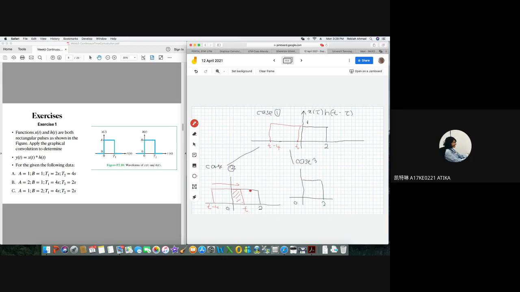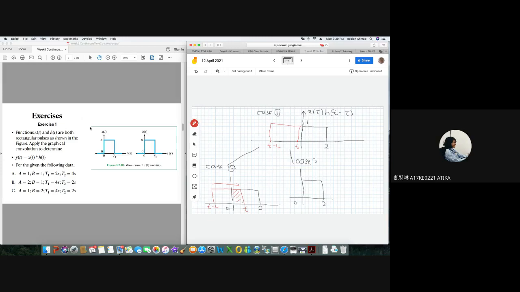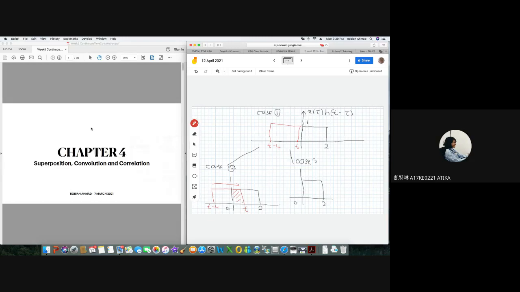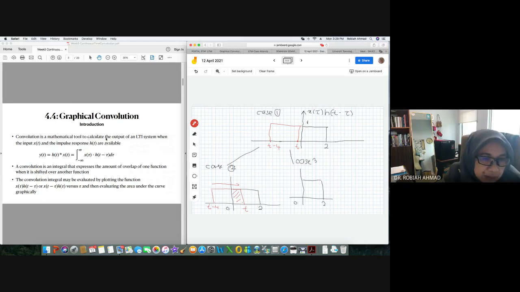Doktor, why it needs to be shifted? Convolution. Itu yang awal tadi. Sebab kita buat convolution. Graphical convolution is a mathematical tool to calculate the output of an LTI system when the input XT and the pulse are available based on this equation. Okay, the equation is a convolution, XT convolved with HT.